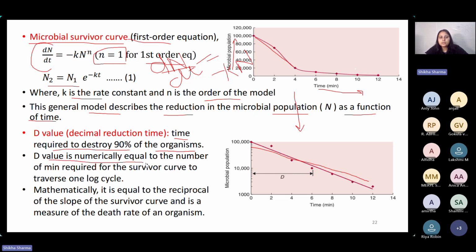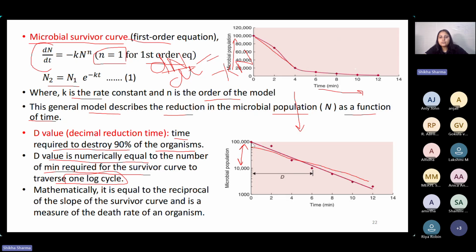So the D value is numerically equal to the number of minutes required for the survival curve to traverse one log cycle. So in a microbial survival curve, how much time is it taking to traverse one log cycle? From this to this is one log cycle.